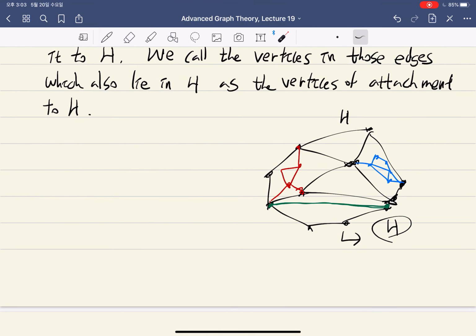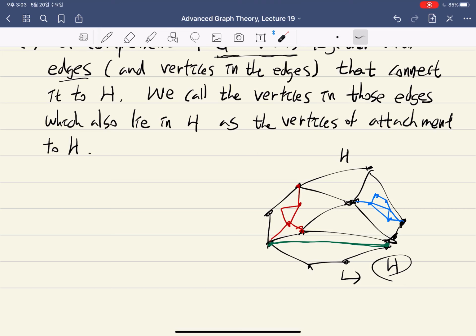So later in the algorithm, what we want to do is, when we are given G, we want to embed the graph bit by bit. And H is the part which is already embedded on the plane. The remaining part is not yet embedded. We haven't decided how to embed it. Now we want to consider each fragment and decide which face this fragment goes in.